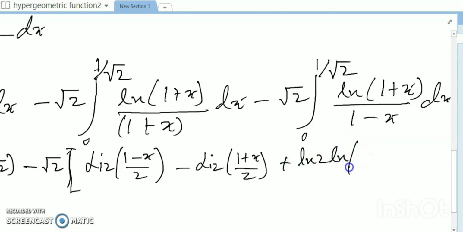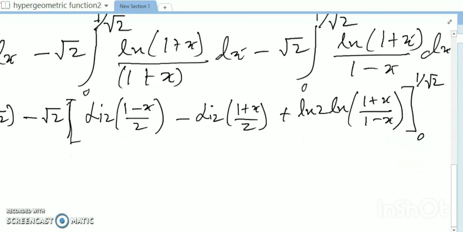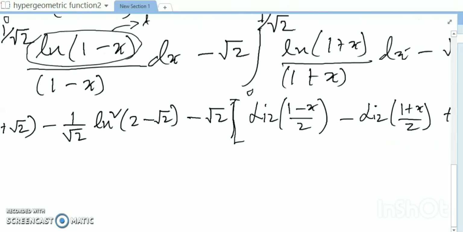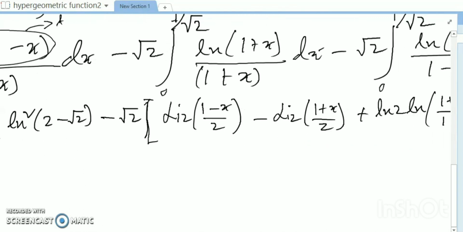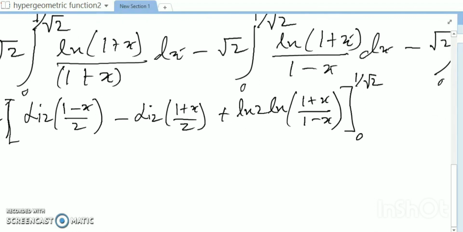So friends, I hope it is clear. Now I just put in the values because my limit is 0 to 1 by root 2. I use this value in here. Whatever I get, let's try to simplify more.